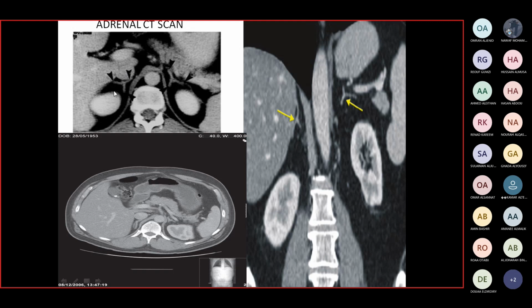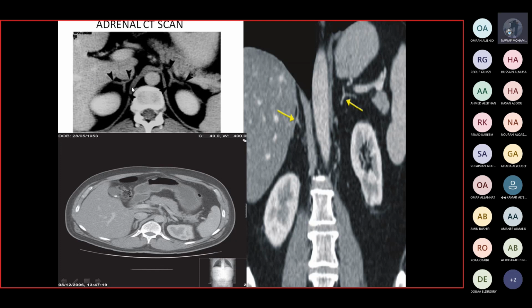What is the relation between the IVC and the adrenal gland? Anterior to it. Yes, the adrenal gland is located anterior to the inferior vena cava. What is this structure? This should be the kidney. Yes, and what is this?